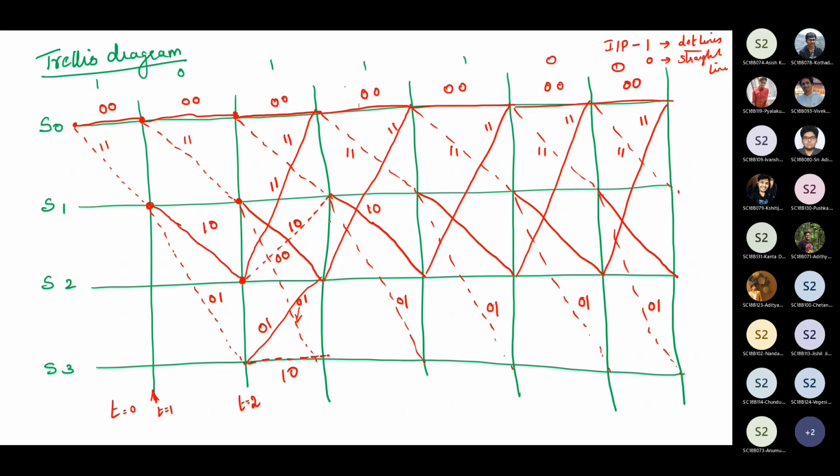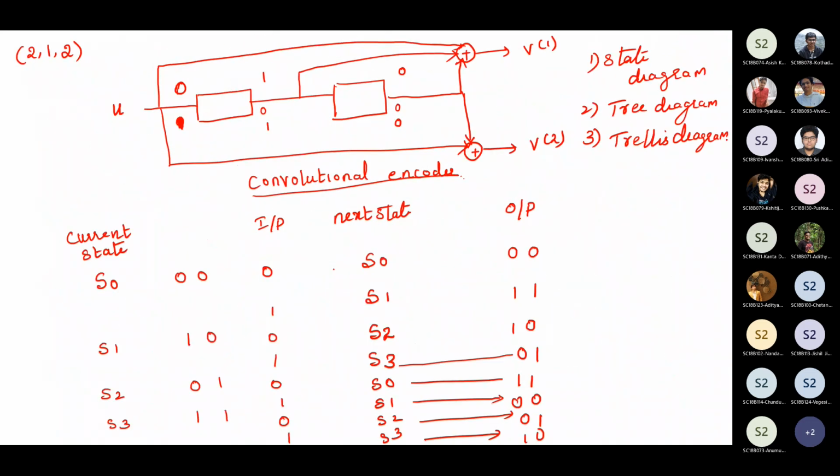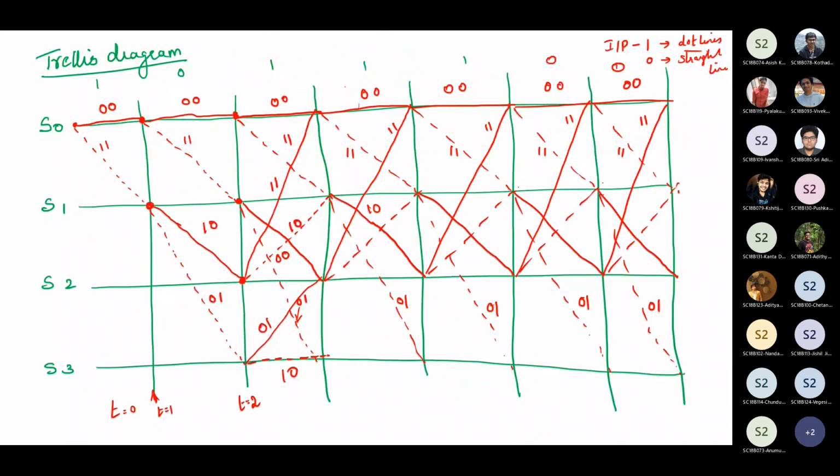Next, from here to here are dotted lines. The corresponding value for S2 to S1 is 0, 0, so this line is 0, 0. This dotted line is 0, 0.